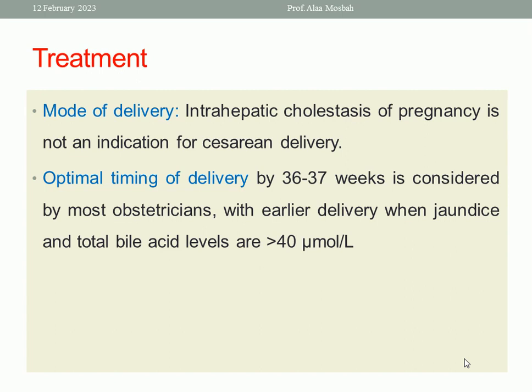What is the optimal time? This is very important, and I need all medical students and obstetricians to know this point. The optimal time of delivery is between 36 to 37 weeks. Okay? With earlier delivery when jaundice is present and the total bile acid level is more than 40 micromole per liter.